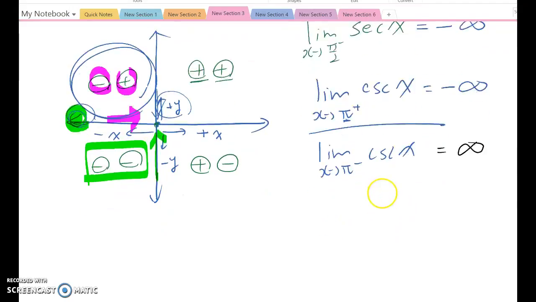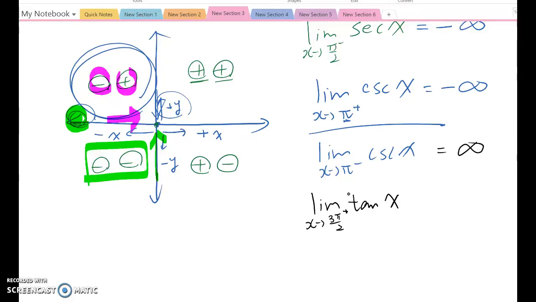So let's think about tangent. Limit x moves to 3 pi over 2 of tangent x, and it's from the positive side here. Okay, tangent x means sine over cosine. In this case we don't care about sine, because cosine affects this limit so much.